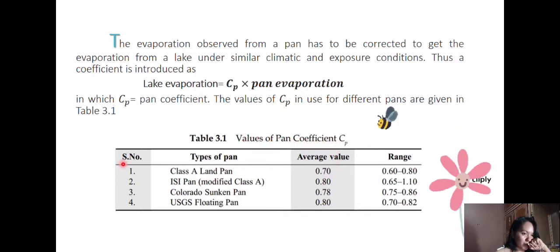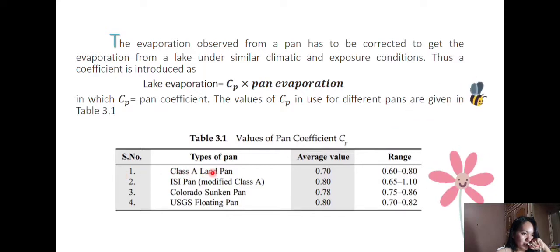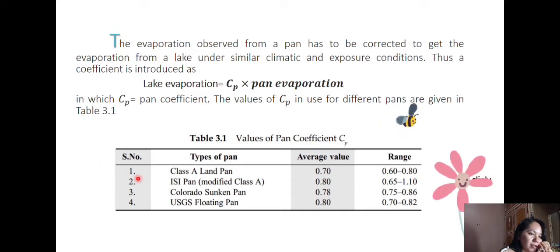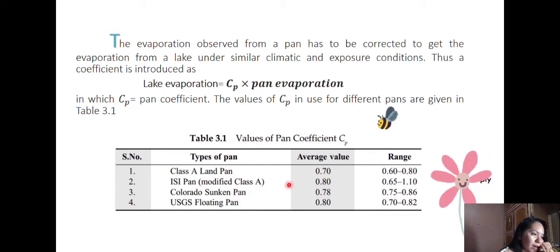So section number 1, types of pan. Class A land pan, average value 0.70, ranges from 0.60 to 0.80. Second, ISI pan, also known as modified class A, average value is 0.8 and range is 0.65 to 1.10.